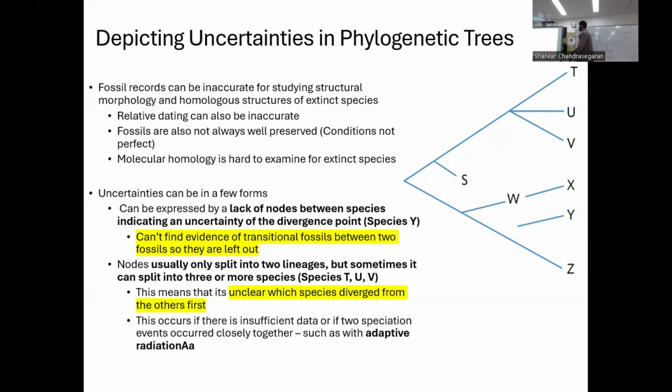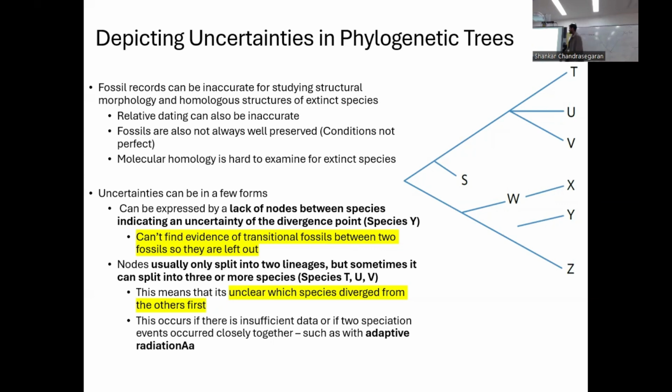And this can occur when there is insufficient data in relation to the two speciation events that occurred. Meaning that maybe you would have diverged from B, but we don't have enough data to support that through our research. So essentially it joins together with the separation from the main lineage, thus becoming an adaptive radiation event, right?